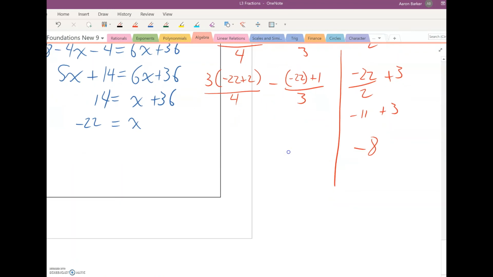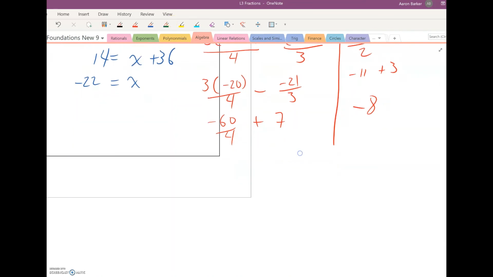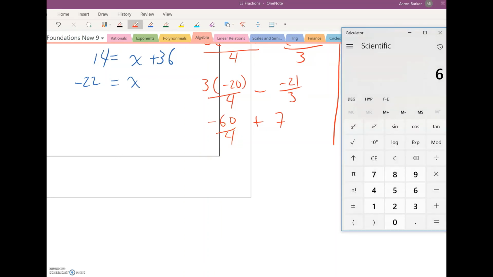That one wasn't too bad. Here, a little bit of bad math on the left side, so 3 times negative 22 plus 2 gives negative 64 over 4, minus negative 21 over 3. So we get negative 60 over 4 plus 7. Okay, so I fixed my signs there, the two subtraction signs. 60 divided by 4, I think that's 15, but I want to double check. 60 divided by 4, good.